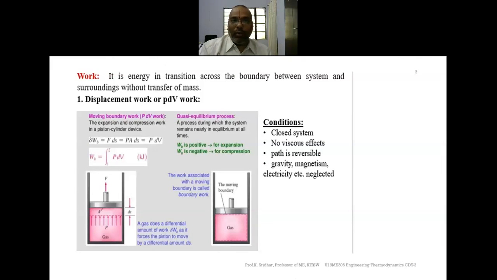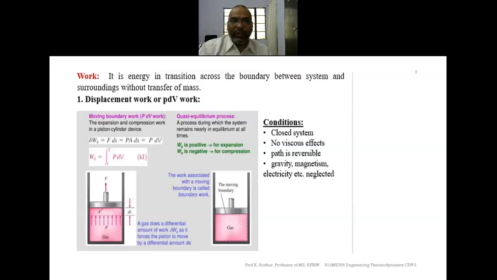Now how can we define work? In mechanics, normally we have the definition of work as force into displacement. But here work is defined in various forms, that is the displacement work and the PdV work.